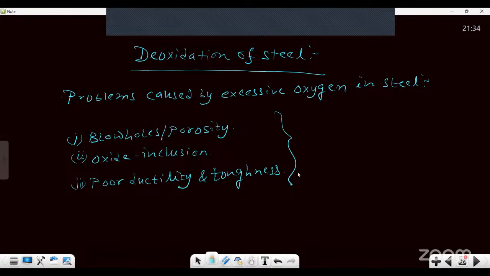In the LD converters and the BOF, in all the processes we have talked about, we are directly charging oxygen. So oxygen will obviously come into the hot metal, but this oxygen has to be removed. How is this oxygen removed?